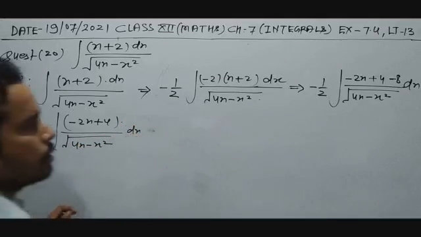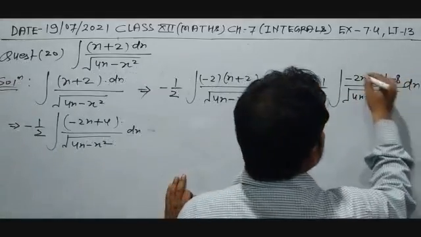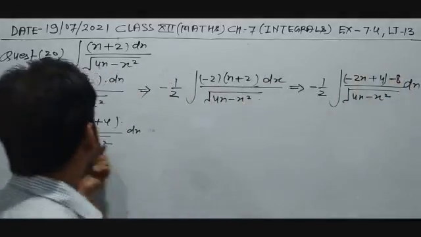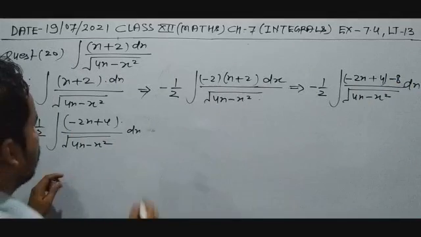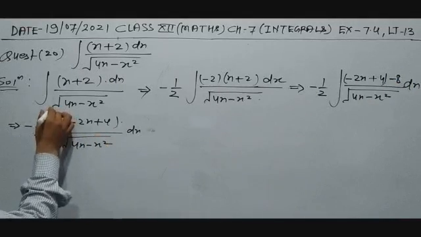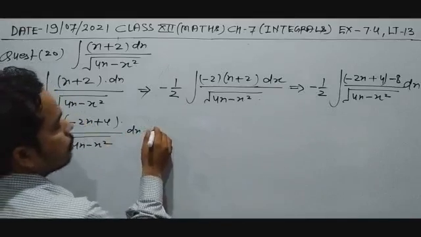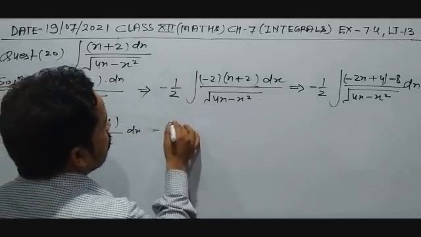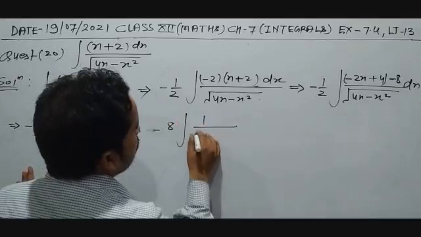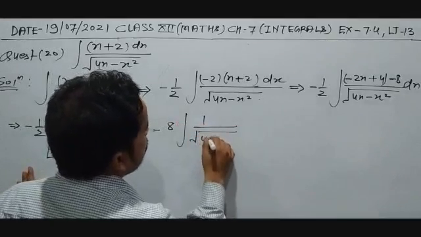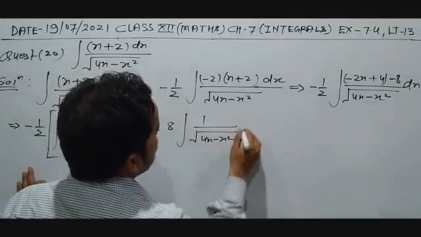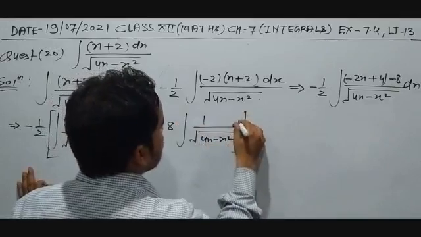Again this integration I have split into two parts. So minus 2x plus 4, and minus 1 by 2 is outside the integral and outside the square brackets, so minus 8 integration of 1 upon root over 4x minus x square dx.